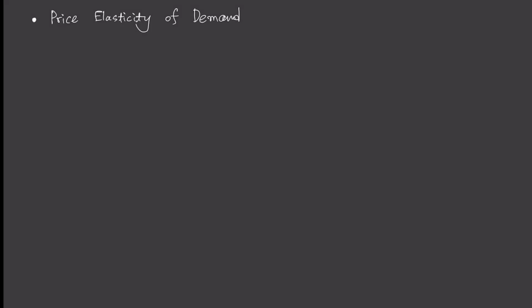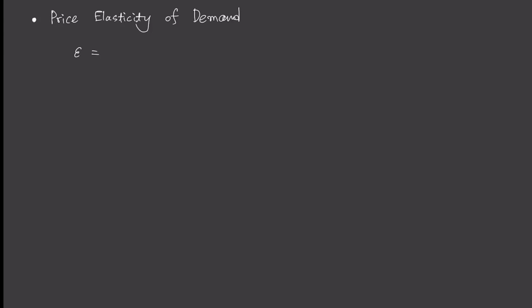So the first thing we are going to look at is price elasticity of demand. The usual notation of price elasticity of demand is epsilon.